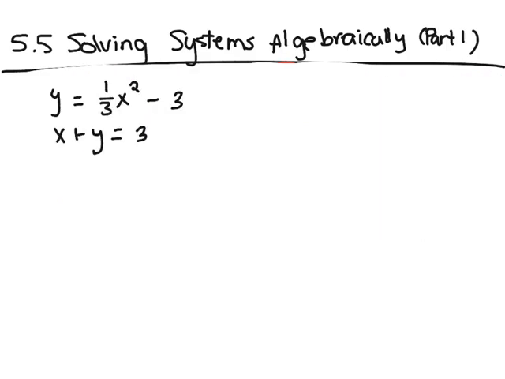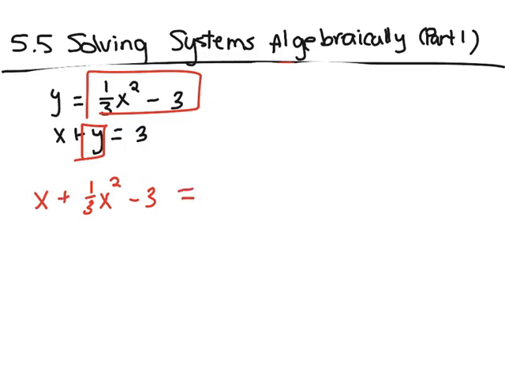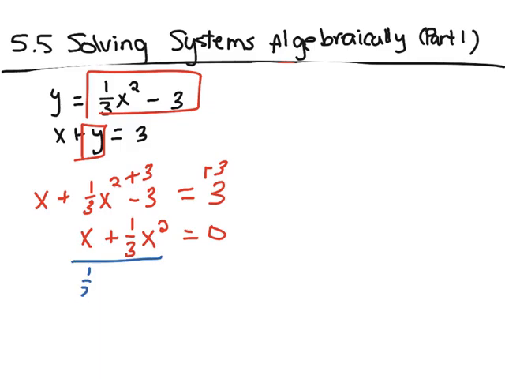Okay, for this one, we're going to substitute this in for y. So we have 1/3 x squared minus 3x plus... equals 3. Now if we add 3 to both sides, we're left with x plus 1/3 x squared. So now we're going to take out a common factor, and to get rid of that 1/3 x squared, we're going to divide it out.